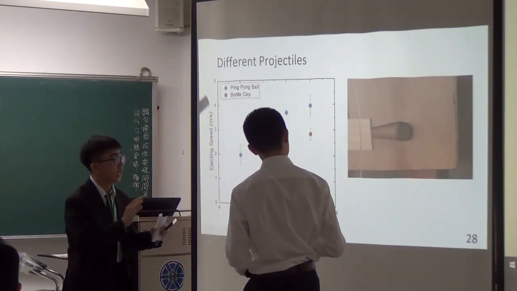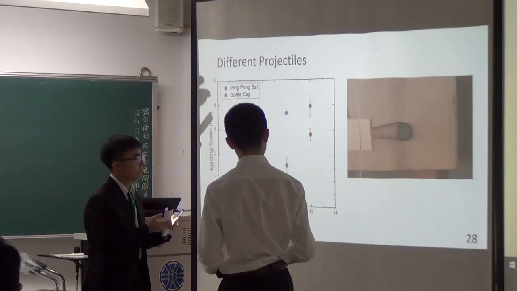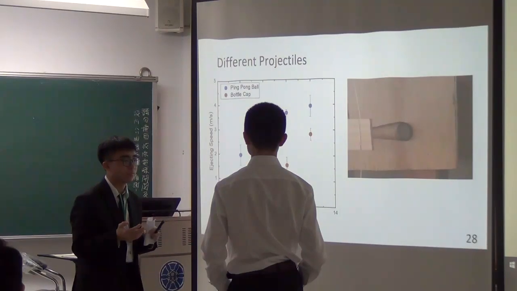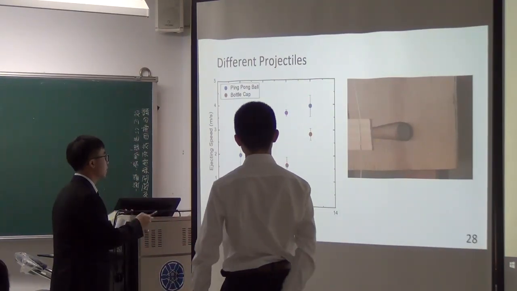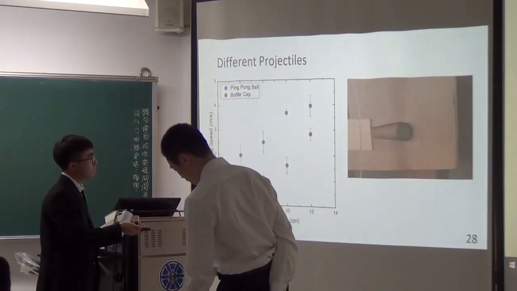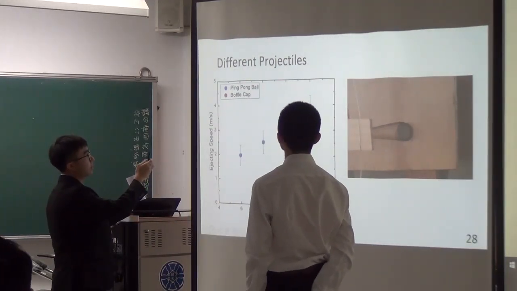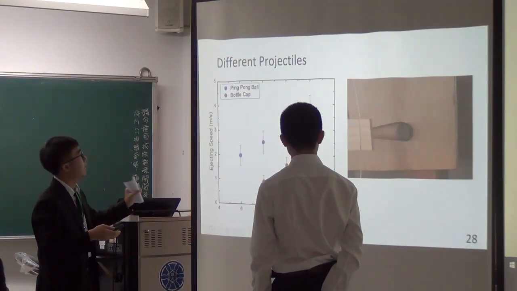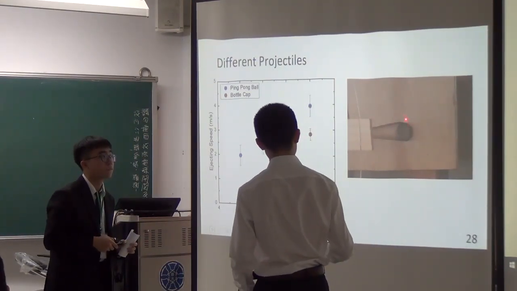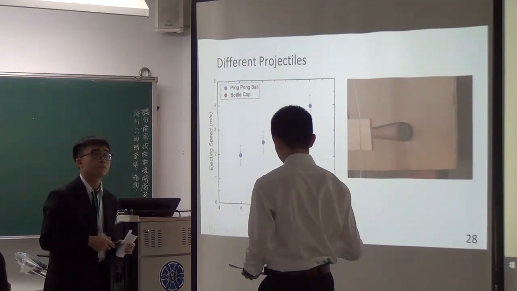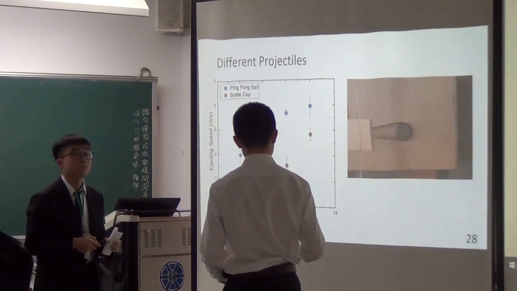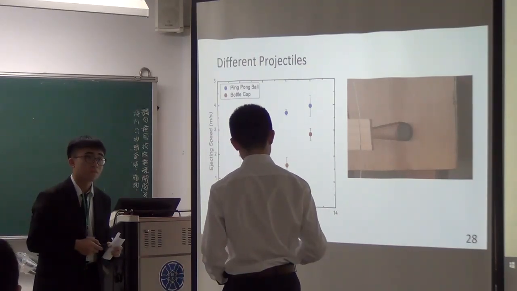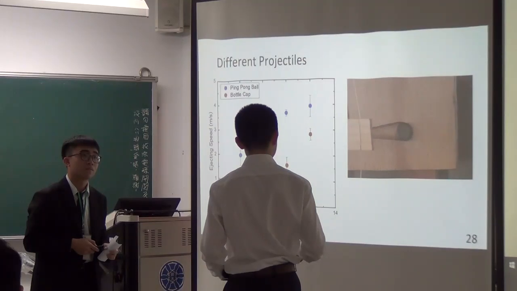Also the shape of the ball and the bottle cap is different, so there might be two more factors to consider. However, this is the ejecting speed comparison of the ping pong ball and bottle cap. We didn't do further analysis on the bottle cap. I think maybe you can change the bottle cap to some other materials that are easier to analyze, such as PVC pipe or a 3D printed bottle cap.